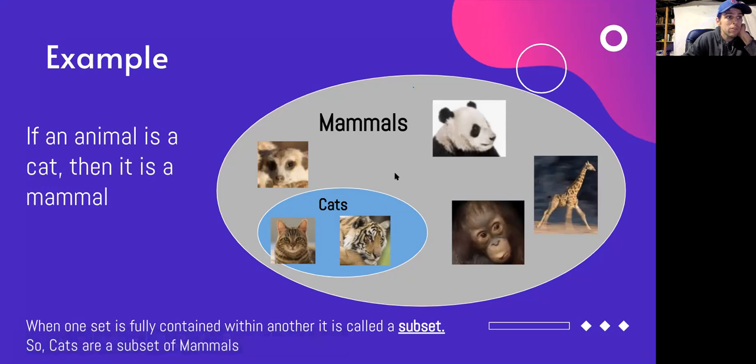If our conditional statement is true, the hypothesis, an animal is a cat, needs to be fully contained within the bigger set. If our cat set included something out here, something that was a cat, so this right here would represent something that is a cat because it's in my new cat set here, but it's not in the mammal, this would be a counterexample.